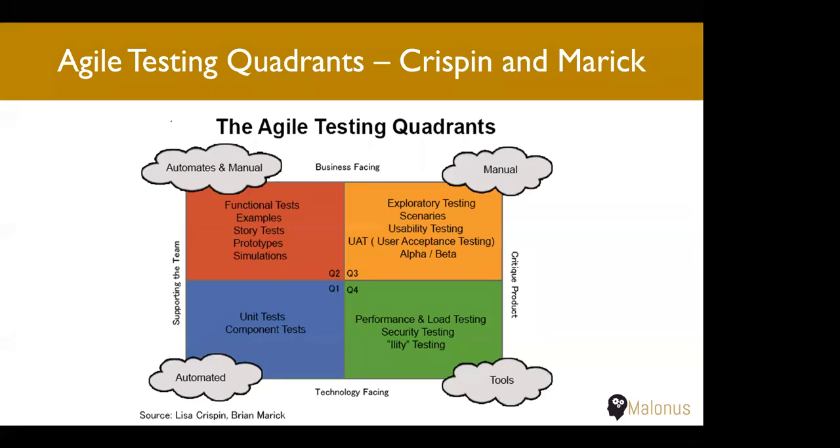So with these quadrants, you look at what the scope of testing as a whole in agile is.